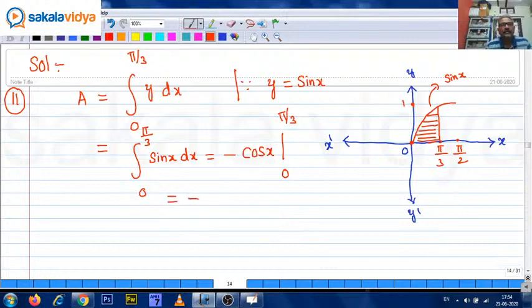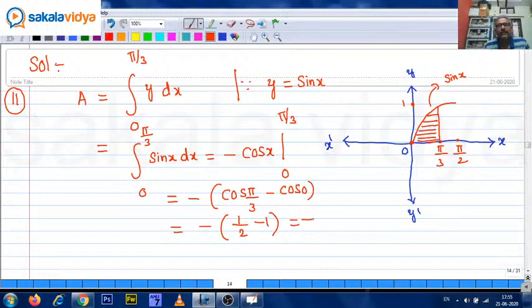So now minus upper limit cos pi by 3 minus lower limit cos 0. So minus of cos pi by 3, cos 60 is 1 by 2, minus 1. This is minus of minus 1 by 2.